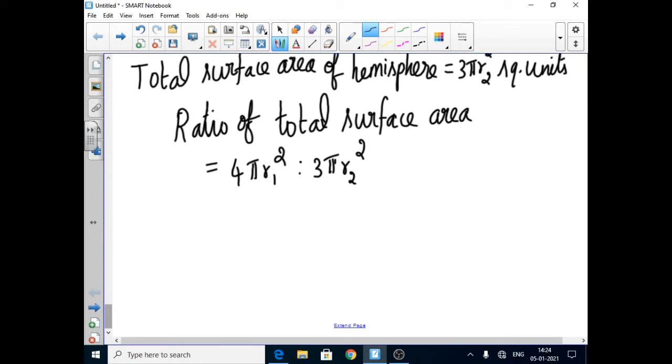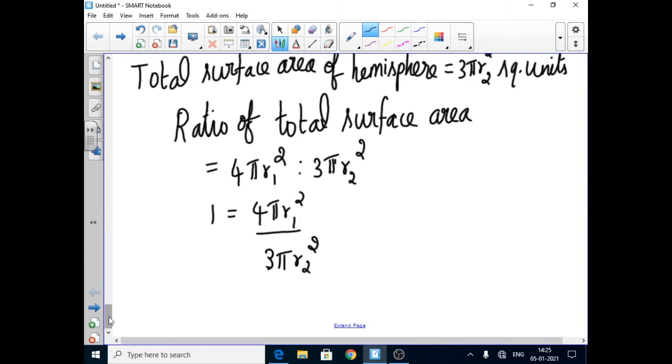Because these two may have different radii, maybe the total surface area alone is equal. So we should take it as equal to 1, that is 4 pi r1 square divided by 3 pi r2 square, since the total surface areas of sphere and hemisphere are equal.